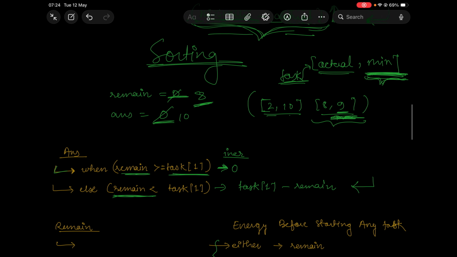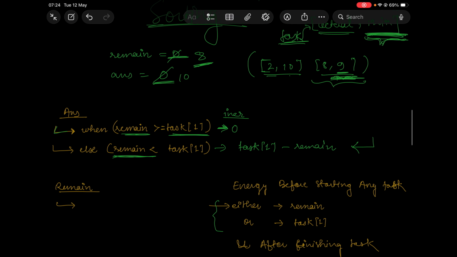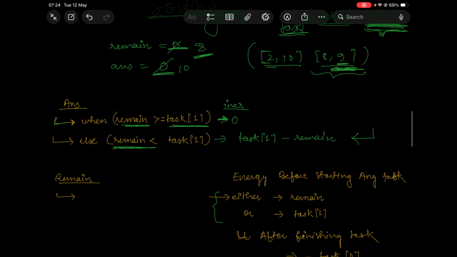Now how will we calculate the remaining energy? Before starting any task, we know that to even be able to start it, a minimum energy should be there. And as I explained here, there can be two cases: the remaining is greater than this minimum energy, or the remaining is less.